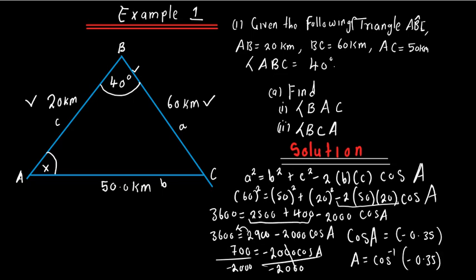Okay, so let's find the cosine inverse of this. Okay, and we're getting 110. Therefore, we can say that the angle BAC is equal to 110.4 degrees.